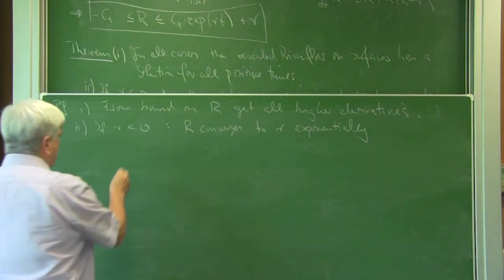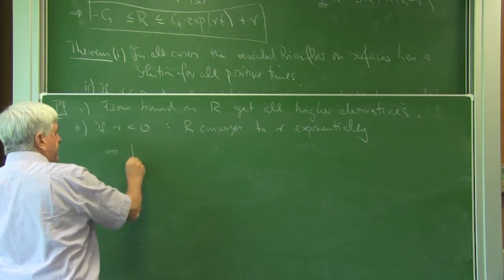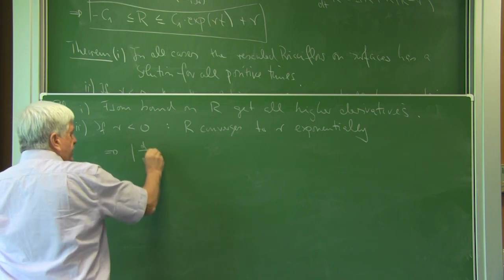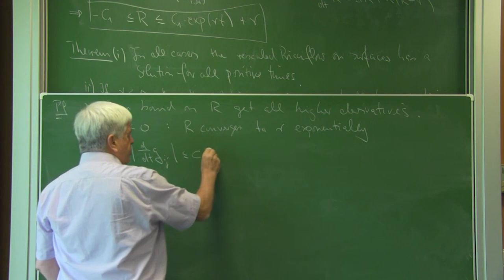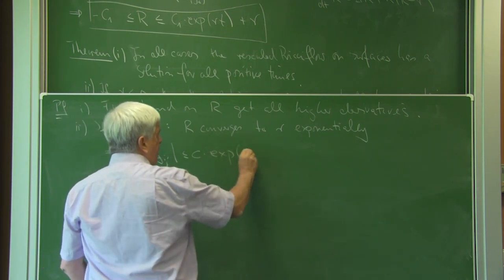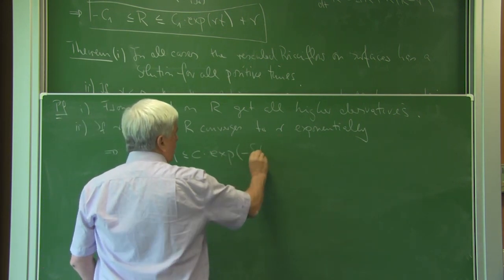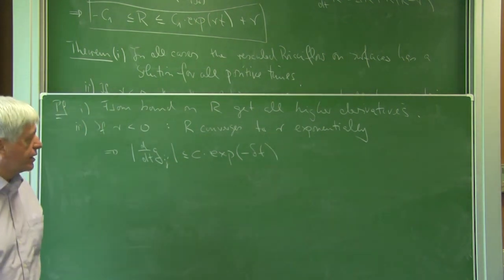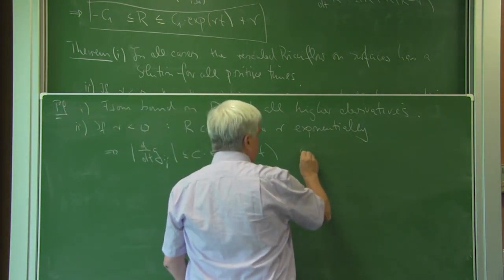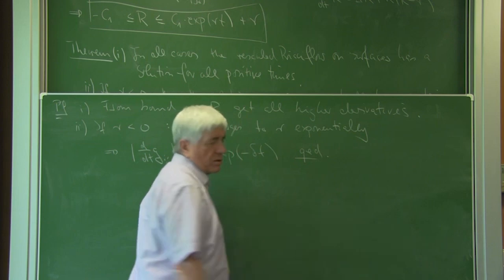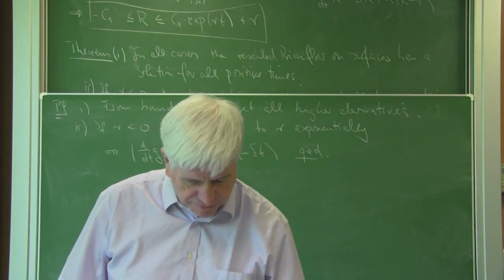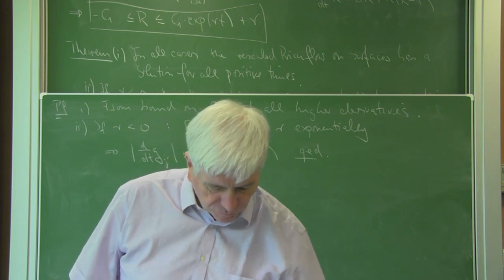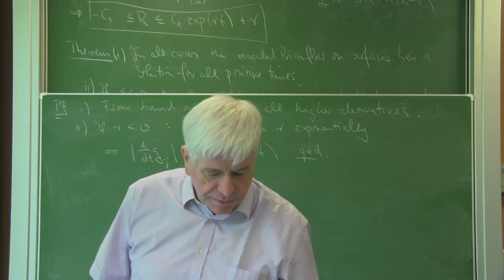But then this means in particular that the time derivative of the metric decays exponentially, and then you get also all the higher derivatives converging exponentially, and you get convergence.